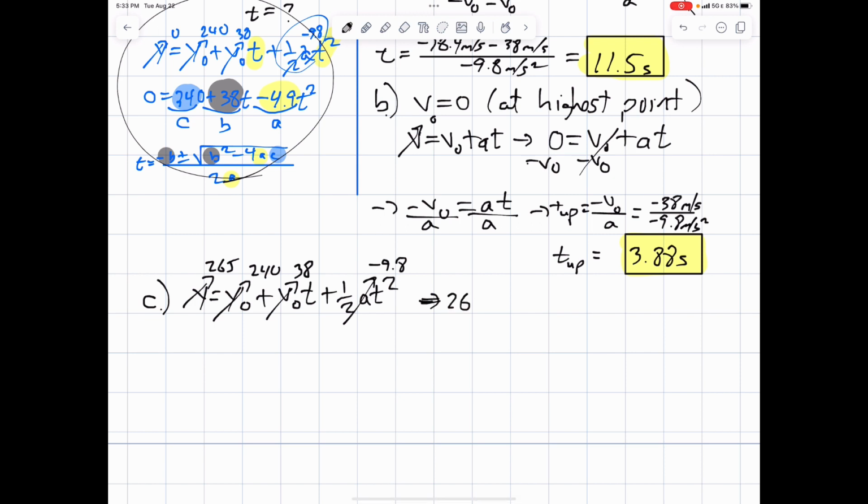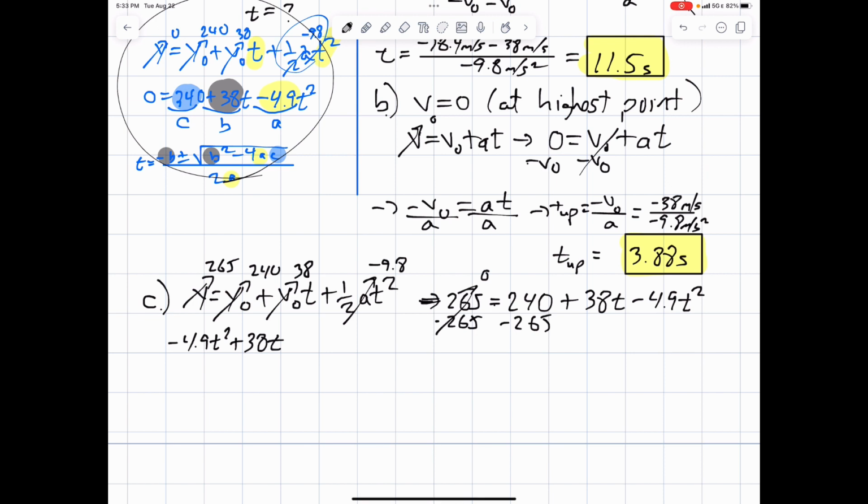So 265 equals 240 plus 38t minus 4.9t squared. I'm going to subtract the 265 so that I have 0 on this side. When I rewrite this, I get negative 4.9t squared plus 38t, and 240 minus 265 is negative 25, equals 0.